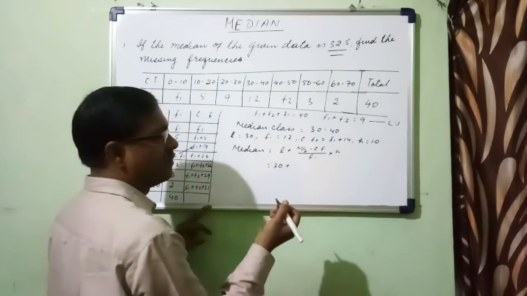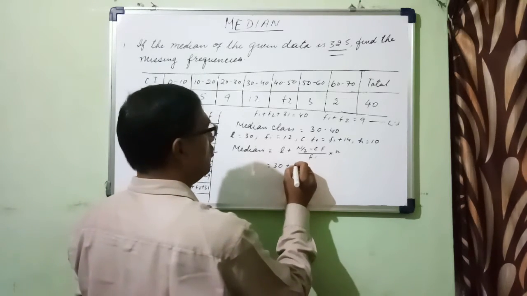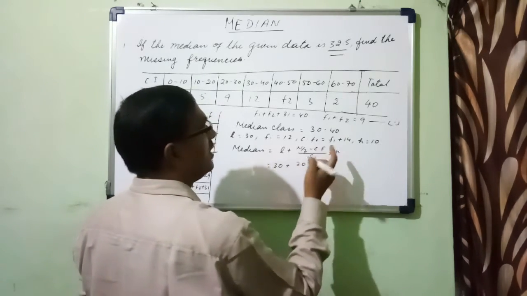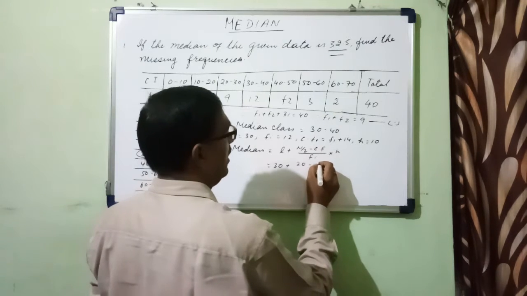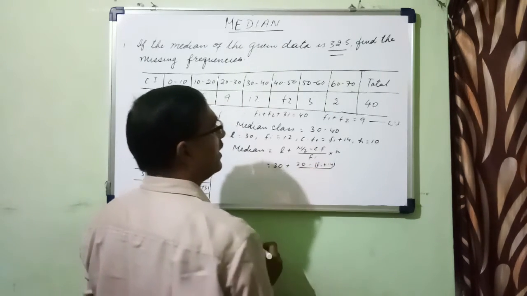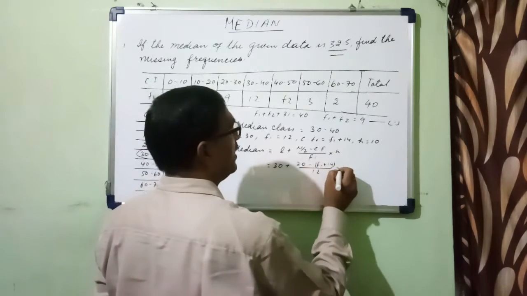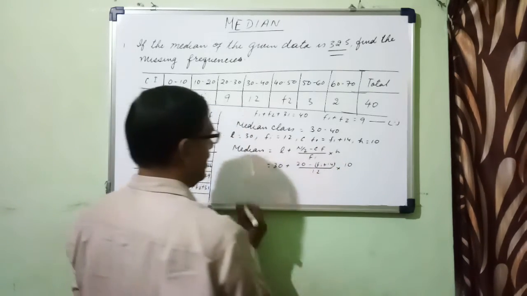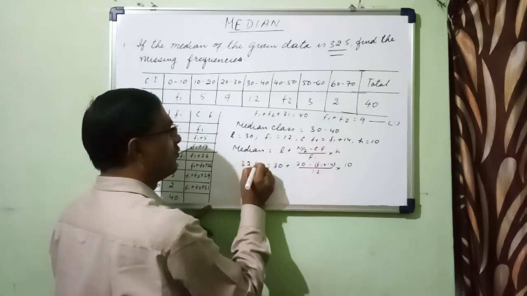N by 2 is 20. CF is F1 plus 14 in the bracket, FI is 12 and H is 10, and the median is 32.5.